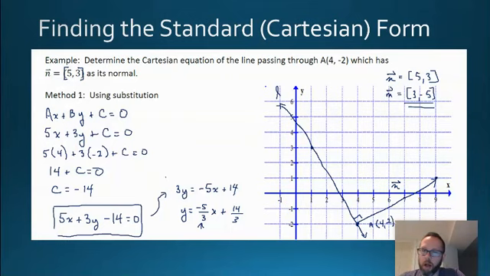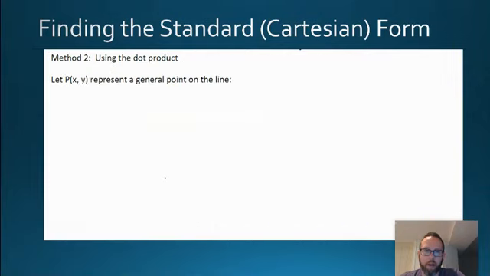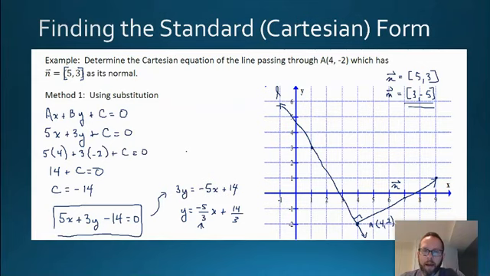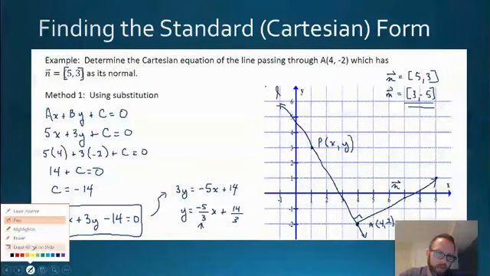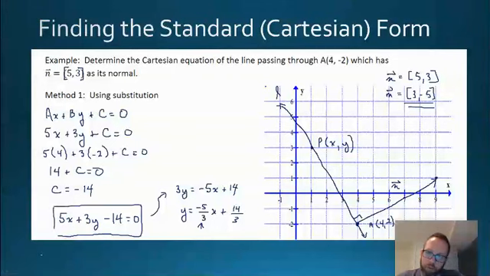And this will help us a lot when we do planes. So the second method is actually to use the dot product. So on my diagram, I'm just going to call this point I made earlier Pxy. And I'm going to draw, in a different color here, a vector that goes from A to P. Something like that.